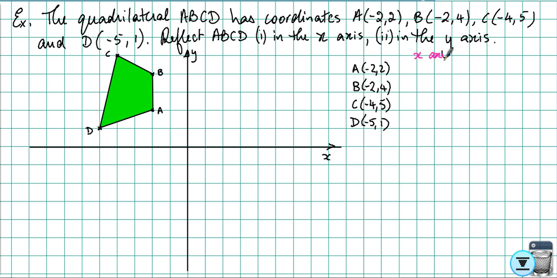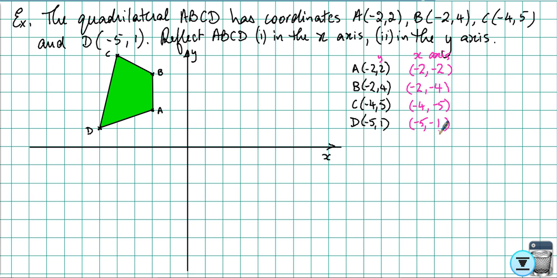I'm going to write the new coordinates when I reflect in the x-axis. The rule was change sign of y-coordinate. So I'm going to take the y-coordinate and I'm going to change the sign. So x-coordinate, no change in sign, y-coordinate from positive to negative. So this is minus 2, minus 4. This is minus 4, minus 5. This is minus 5 and minus 1.